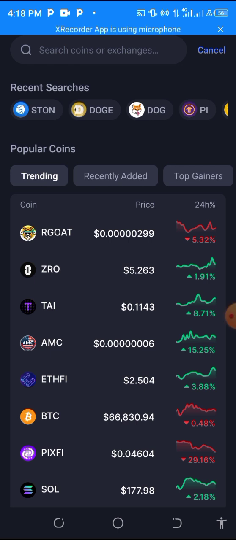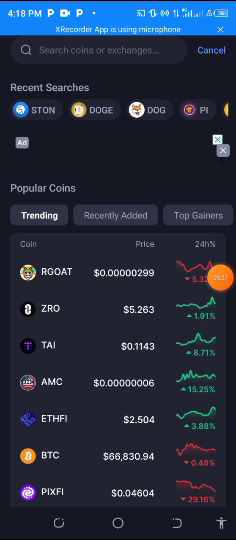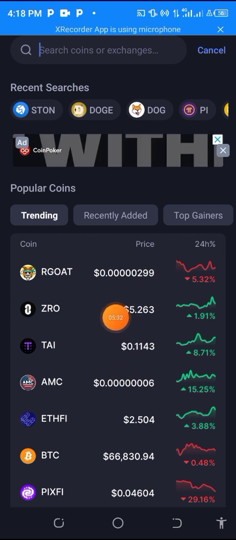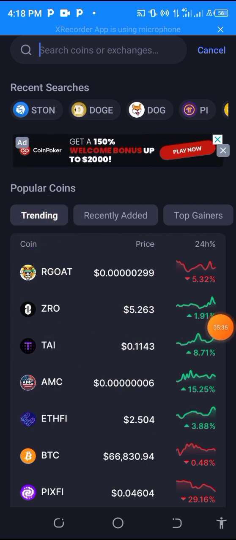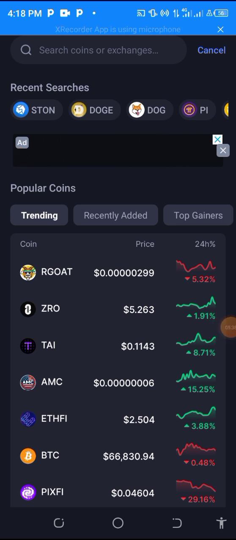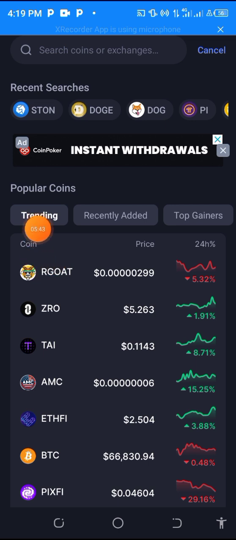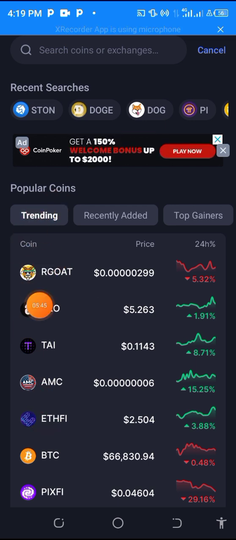When you're here, as you can see, for the past 24 hours some coins have been trending. These are coins that have been top searched, and as such they have been trending for the past 24 hours.